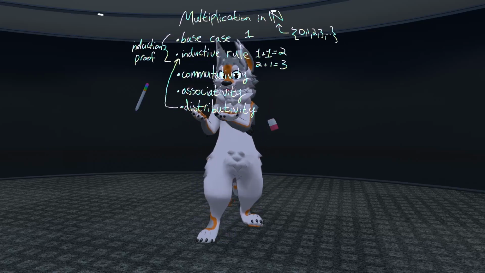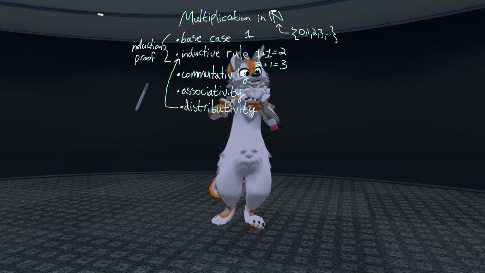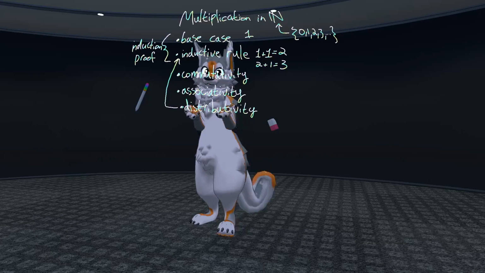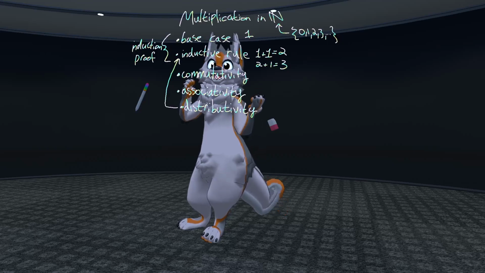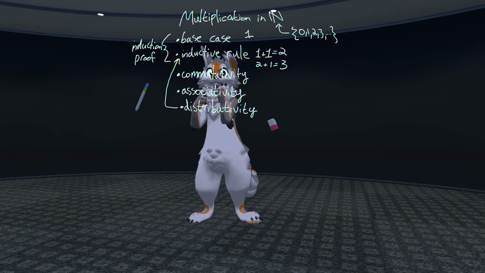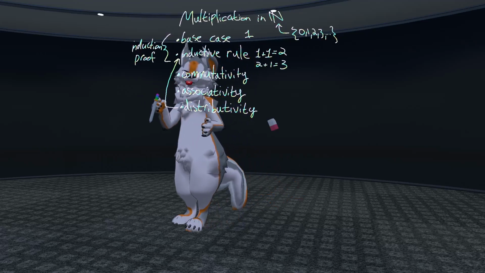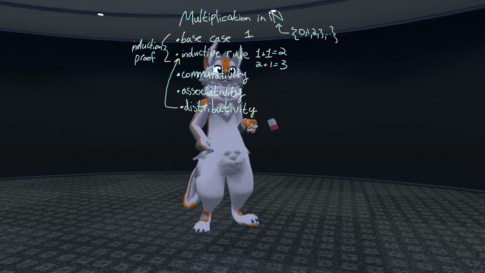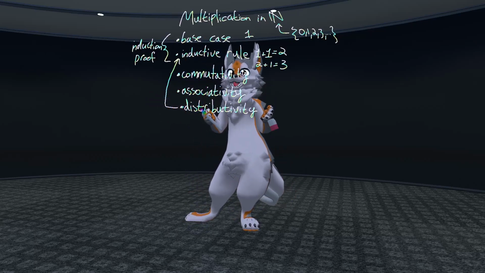So I would say that distributivity, and of course it depends on the way you define things and think about things, but to me, distributivity is not so much a property of multiplication, rather it's a defining property of multiplication, right? So it's not just something that happens to be true. It's something that we want to be true for the thing that we're constructing, right?